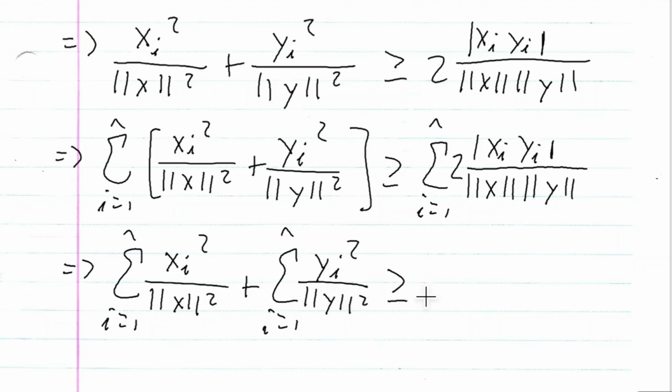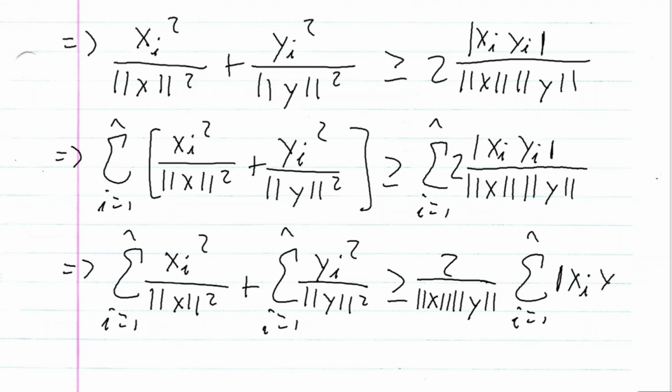And this is going to be bigger than or equal to... So we know that 2 over the norm of x times the norm of y is a constant in all of these terms in the sum, right? So what I can do is just factor that out because it's always the same for each term in that sequence. So this is the same thing as 2 over the norm of x times the norm of y, times that sum from 1 to n of the absolute value of x_i times y_i.